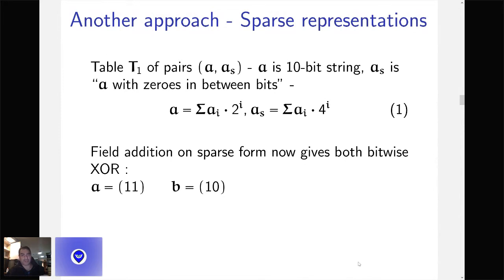So what do I mean exactly by this? Let's look at an example. Say we just had 2-bit inputs, A and B. So this is A and this is B. Here are their sparse representations. I'm just adding a 0 in between each 2 bits. And now what happens when we simply add AS and BS?